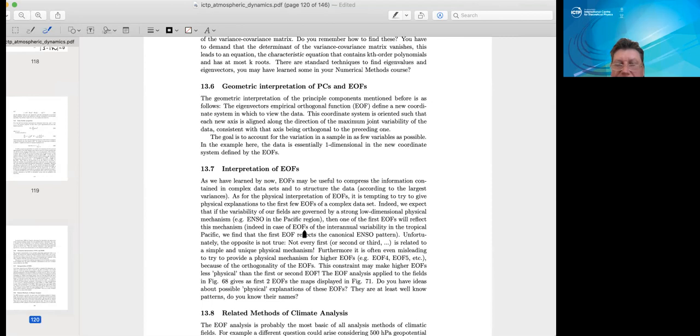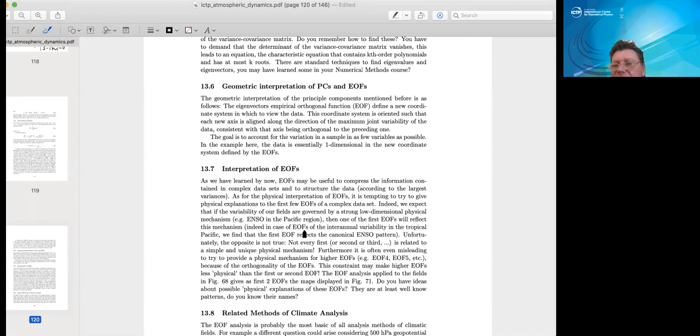Now there's a problem: the other way around is often not the case. Say you have a data set where you don't have any expectation from physics. You don't know that there's any outstanding low frequency pattern that should govern the data set. But you perform an EOF analysis, because you're still interested to see if there's any very powerful pattern compared to other patterns that governs this data set.